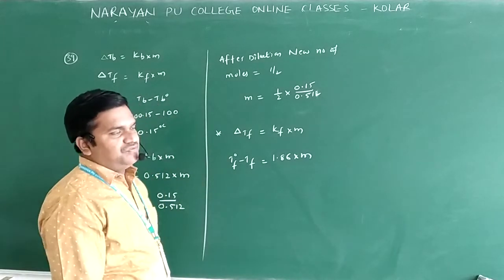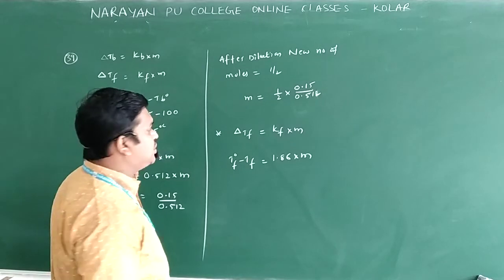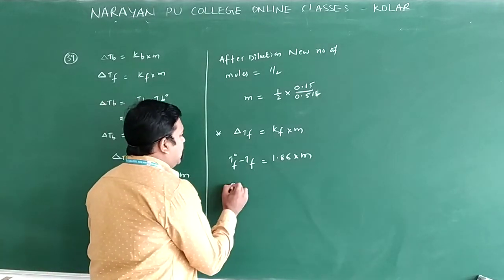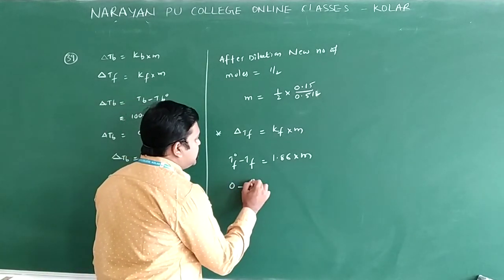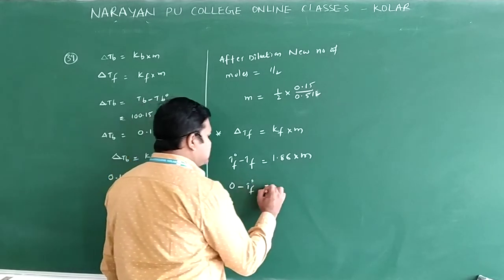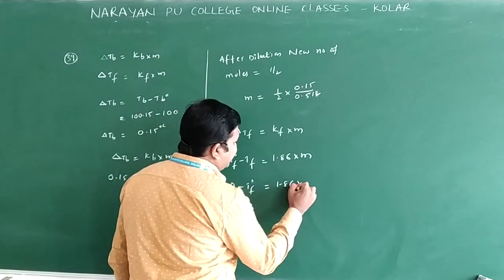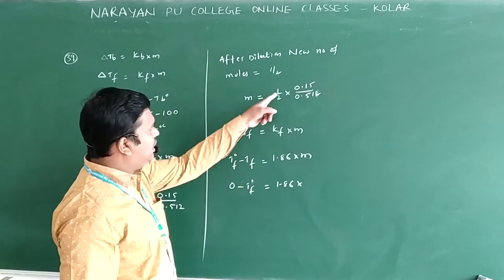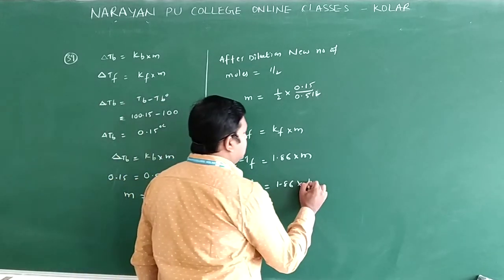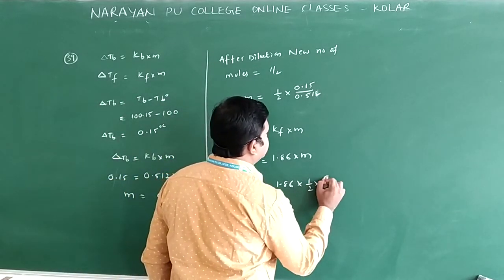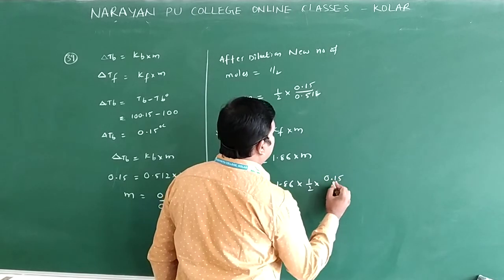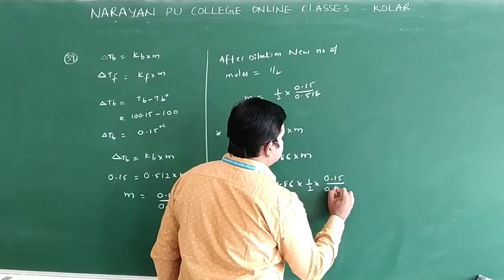Generally water freezes at 0 degrees Celsius only. So I am writing 0 minus Tf, that is equal to 1.86 into the molality value, that is 1 by 2 into 0.15 by 0.512.